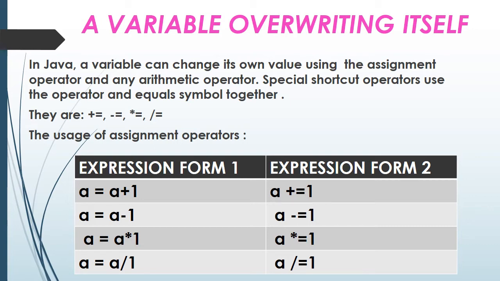They are plus equal to, minus equal to, multiply equal to and divide equal to, meaning asterisk equal to and slash equal to. These are the shortcut operators.